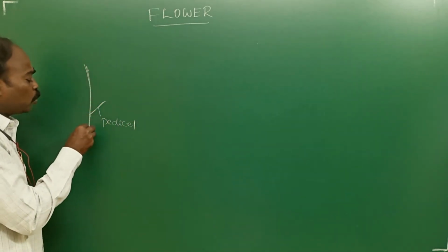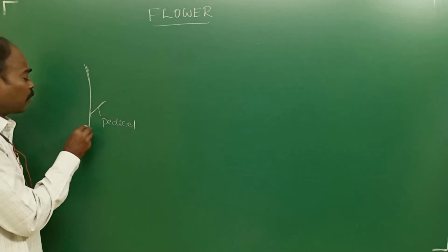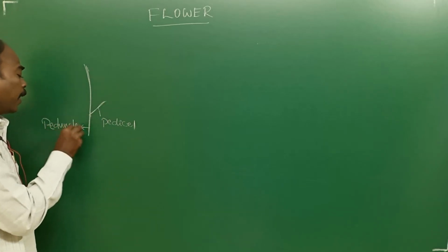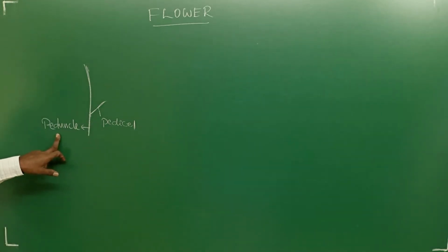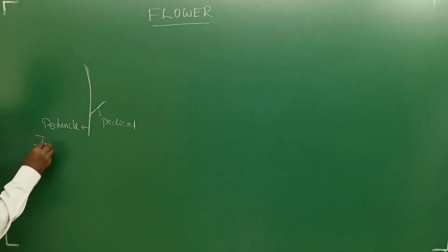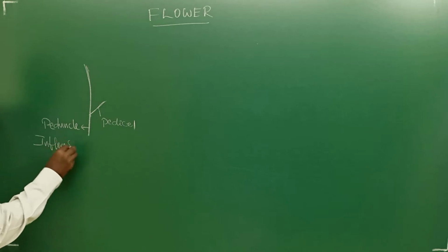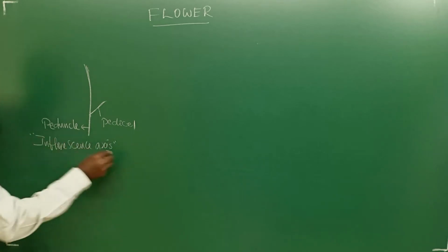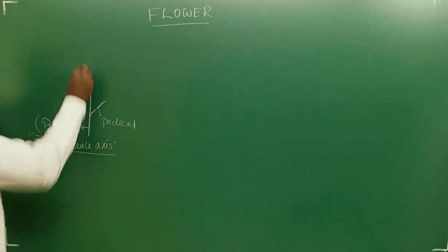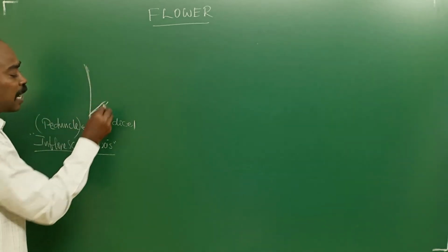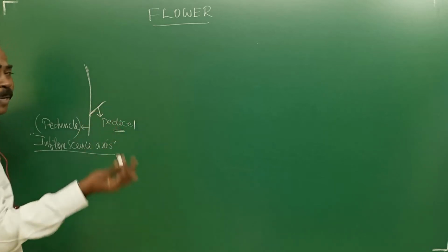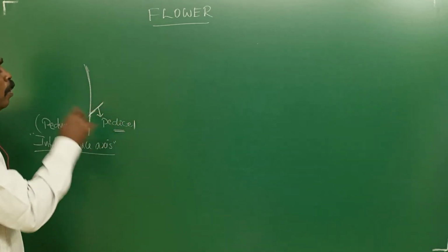The modified shoot which bears flowers is called inflorescence axis or peduncle, on which the stalked flowers have pedicels, or without stalk the flowers are said to be sessile. Okay.